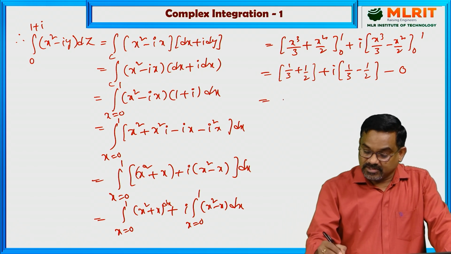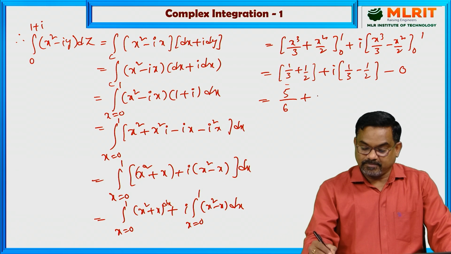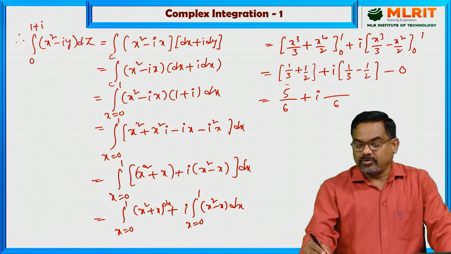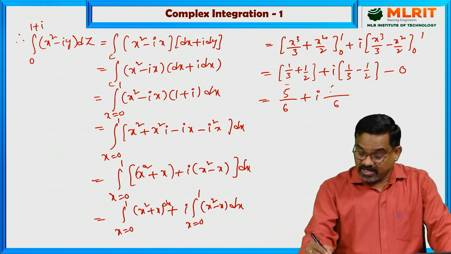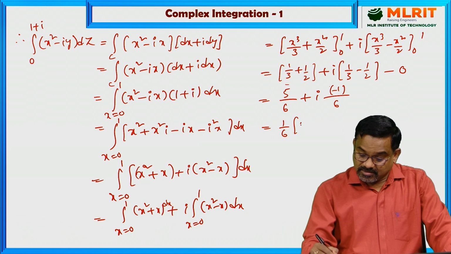So this is, taking LCM 6, 5 by 6 plus i into, again LCM 6, 2 minus 3, so minus 1 by 6. So 1 by 6 into (5 minus i).